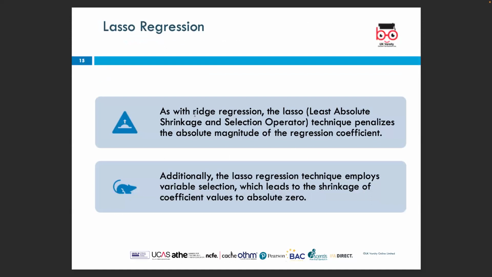And then we have lasso regression. As with ridge regression, the lasso, which means least absolute shrinkage and selection operator, technique penalizes the absolute magnitude of the regression coefficient. Additionally, lasso regression employs variable selection, which leads to the shrinkage of coefficient values to absolute 0.